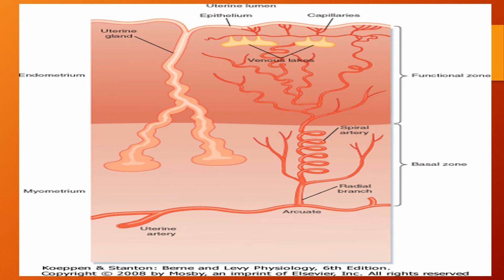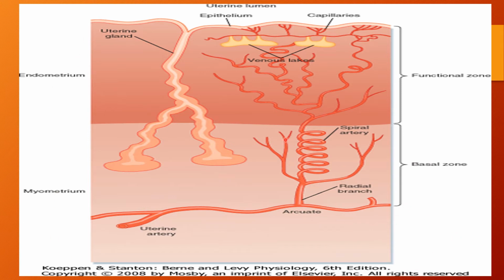So this is a very nice case, a representation of the endometrial lining during the secretory phase. You can see the uterine gland, this is the endometrium and this is your myometrium.